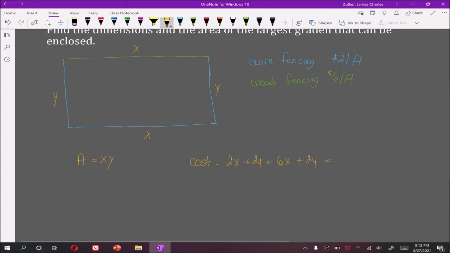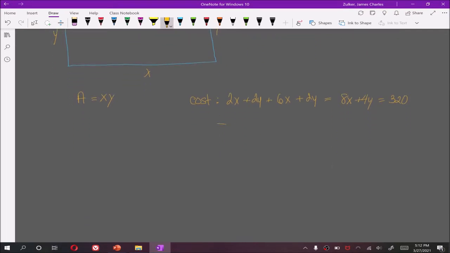This is a total of 8x plus 4y. And this has to be $320. This means that 4y is 320 minus 8x, or y itself is 80 minus 2x.